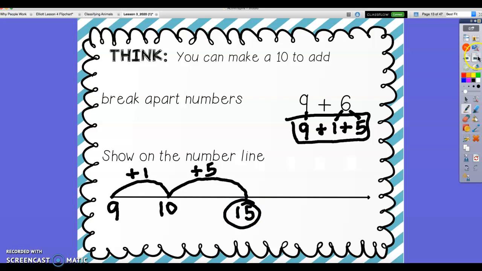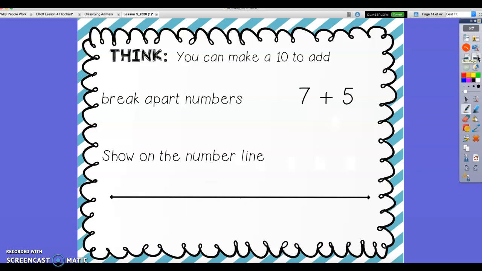All right, moving on to the next one. I'm going to show you with a different problem how to make a 10 by breaking apart the numbers. My bigger number, I don't want to break it apart because that's what's closer to 10. So I'm just going to bring that bigger number down.